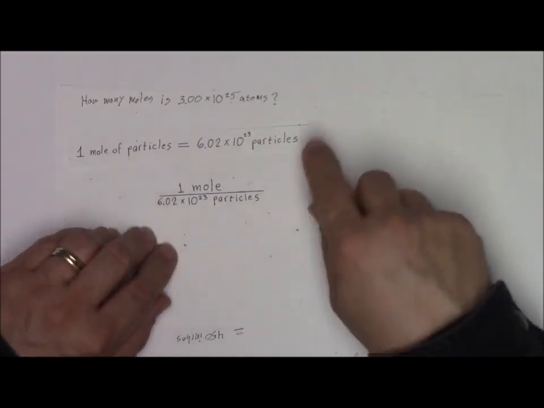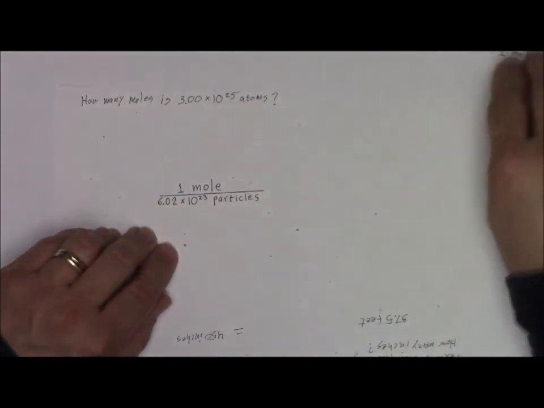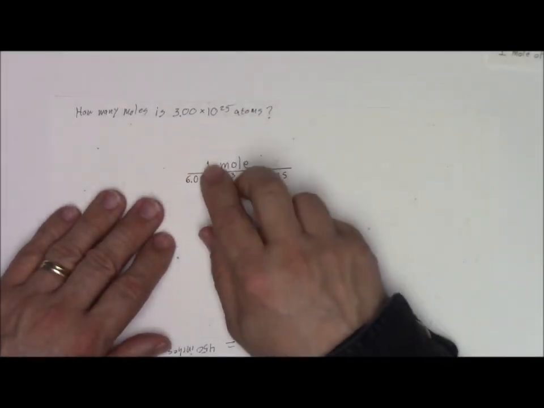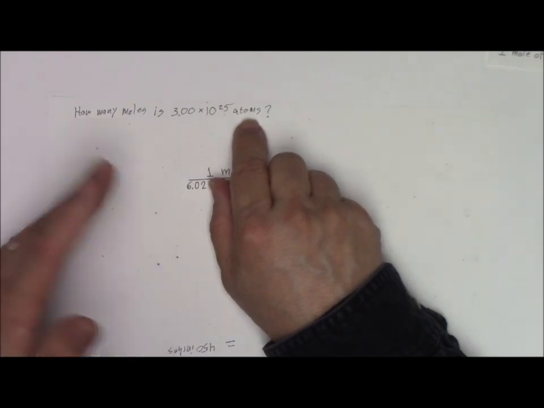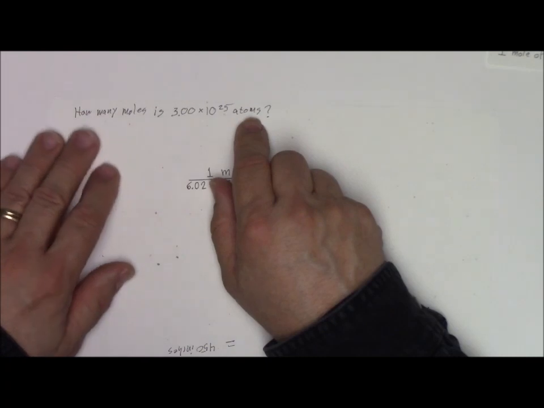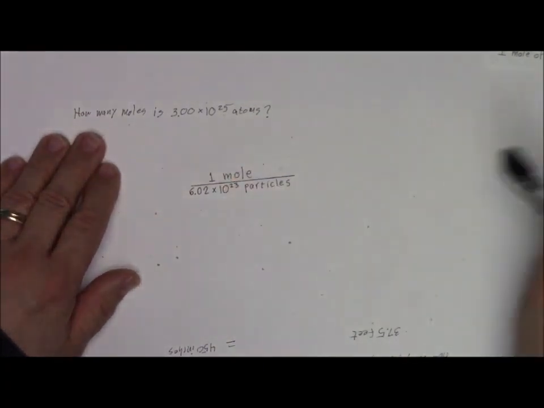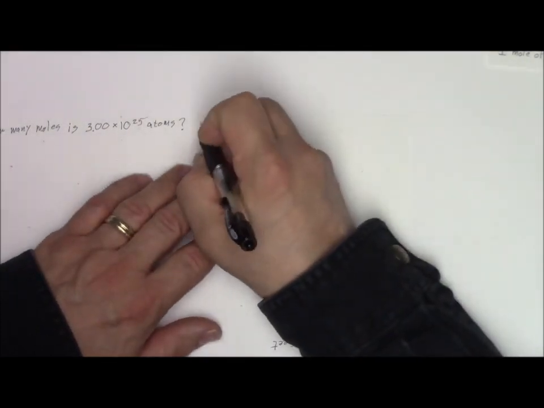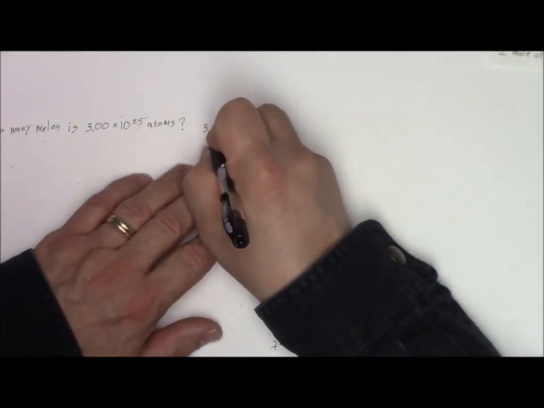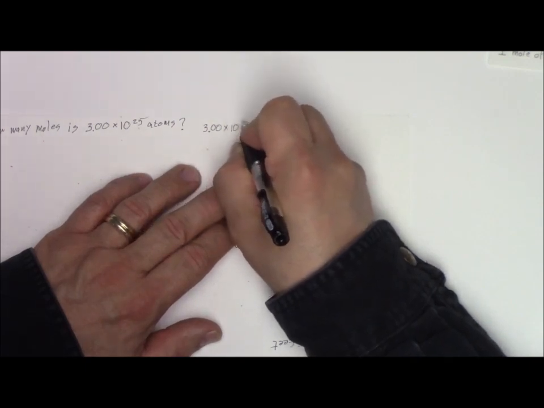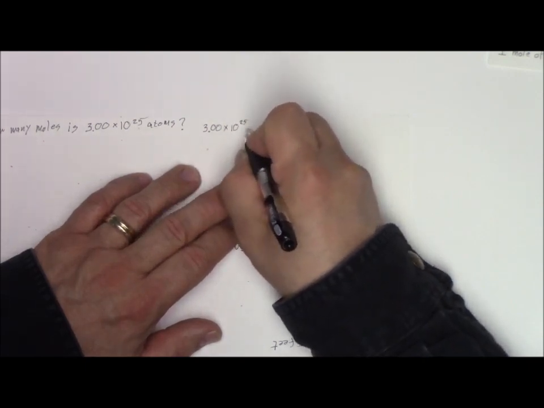Okay, so now let's pull this equation aside and try to figure out how we would do this problem. Well, we can think of an atom as a particle, and to be more precise, a representative particle. So I can do something like this: 3.00 times 10 to the 25th atoms, I'll call them particles.